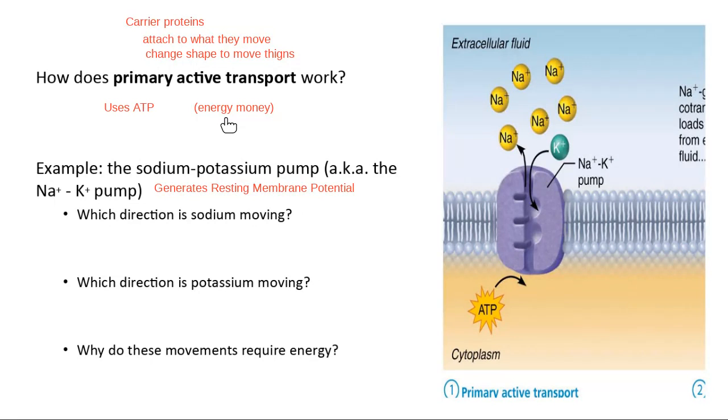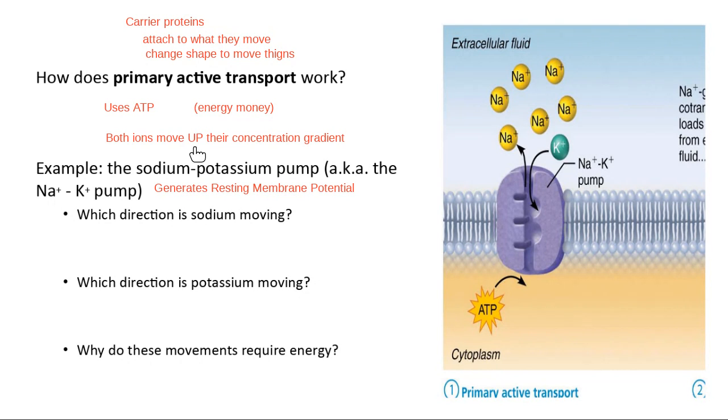The reason I have to spend energy money to do primary active transport is because both of the ions that move in this process are going up their concentration gradient. So in primary active transport, both ions move up their concentration gradient.